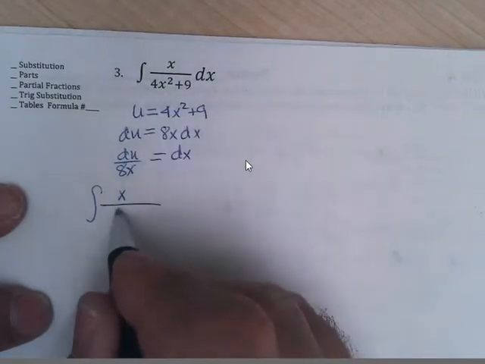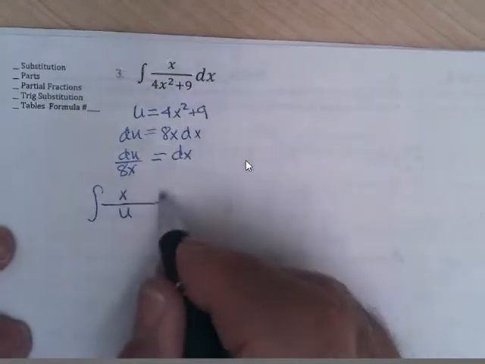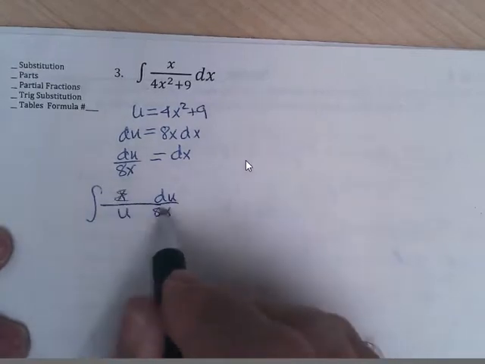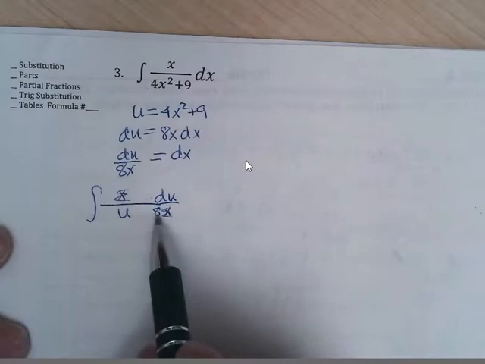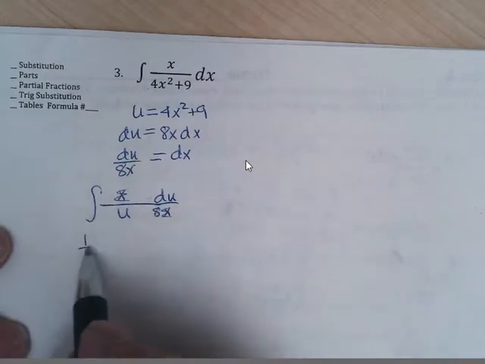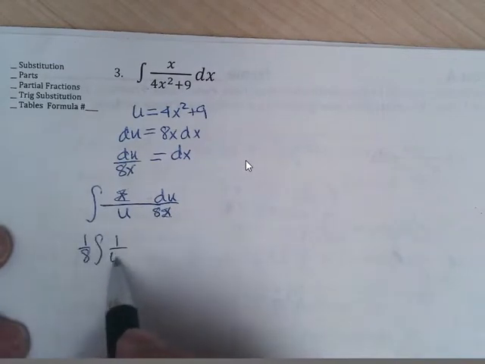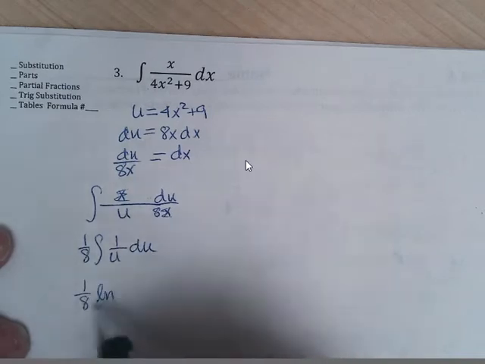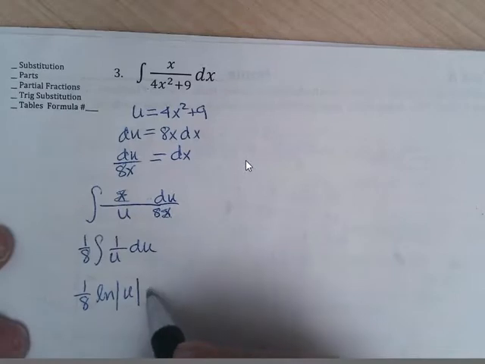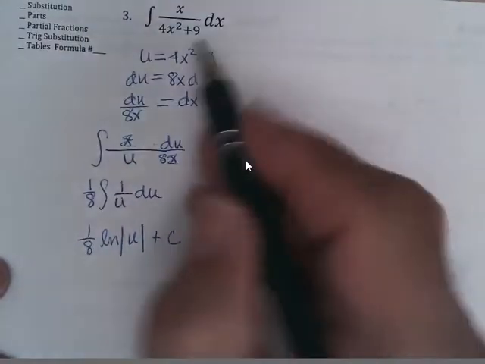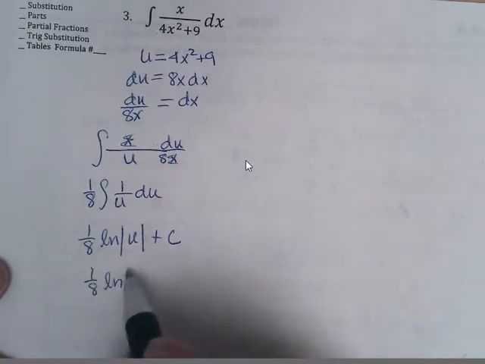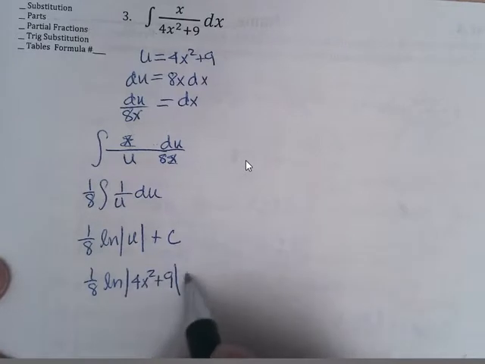All of that would have been our u, and our dx would be du over 8x, and these x's cancel. The 1 over 8 comes out. 1 over u du, which is 1/8 ln of u plus c, and u was this, so we get 1/8 ln of 4x squared plus 9 plus c.